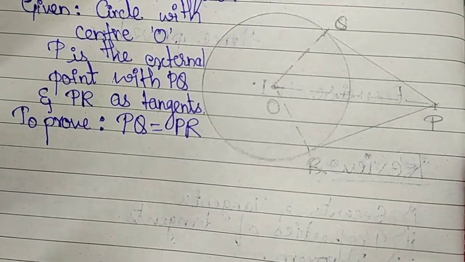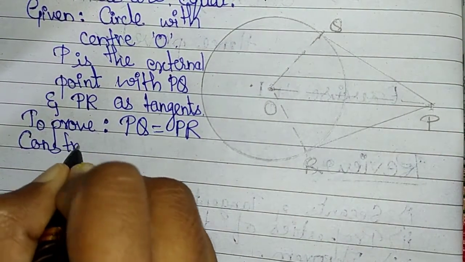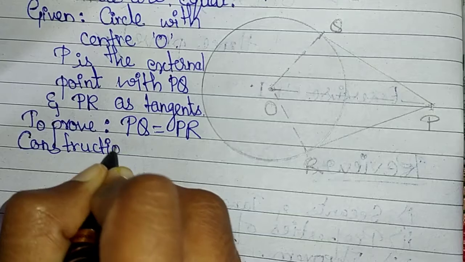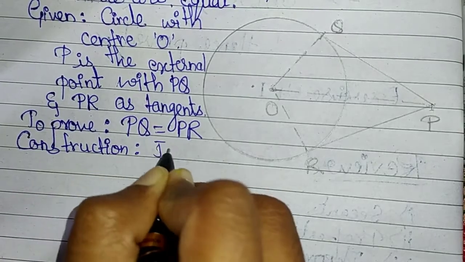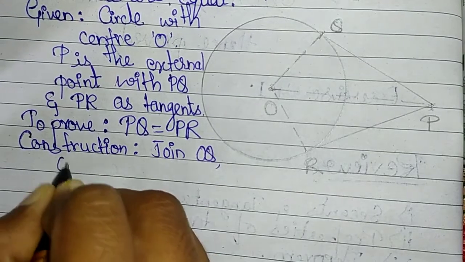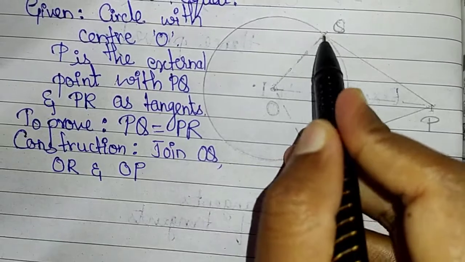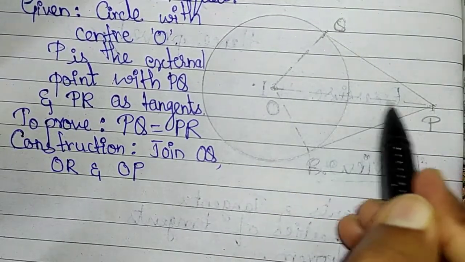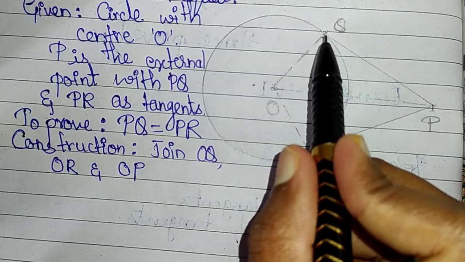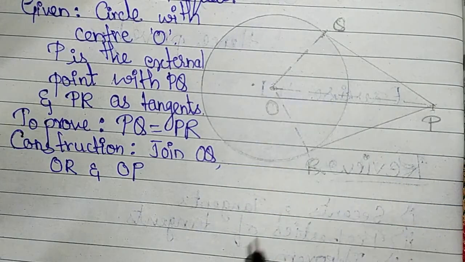So construction, a little bit of construction. Join OQ, OR and OP. Since it is construction, we have represented the construction with dotted lines or broken lines.